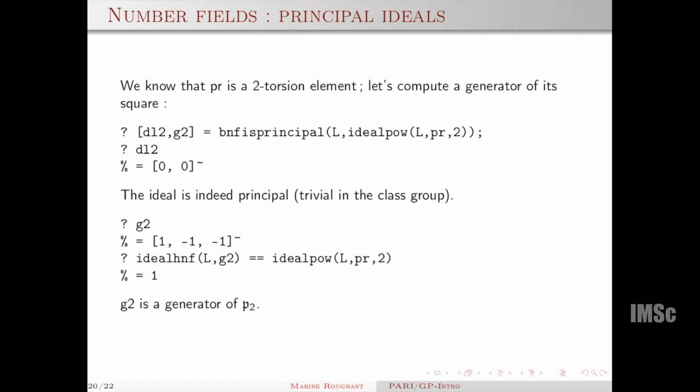And G2 will be a generator of my ideal here, in the form that we saw at the very beginning of the session. And then you can ask for the HNF matrix. So you get a generator of P squared.